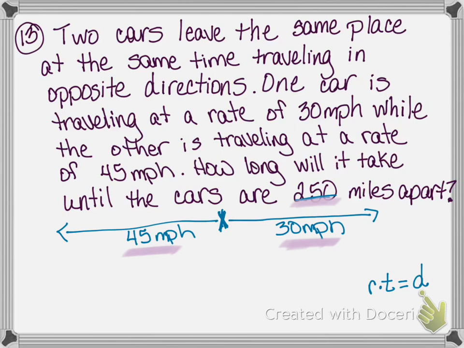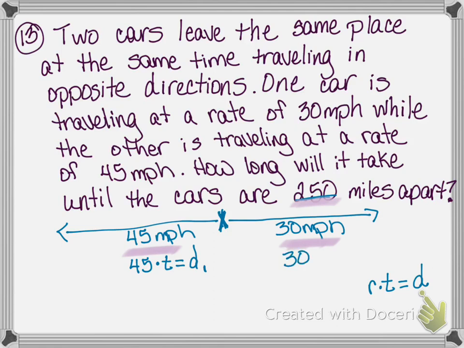So what I'm going to do is I am going to have 45 miles per hour, that's my rate, times my time is going to equal the distance of car one. Okay, so whatever car is going 45 miles an hour, 45 times t is going to equal the distance of that first car. Now, the same is true for this other car.